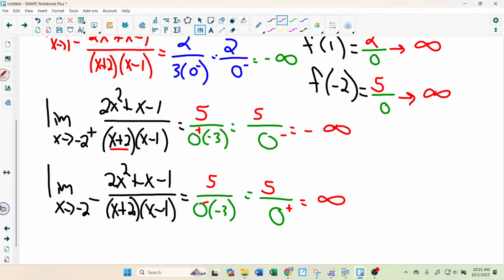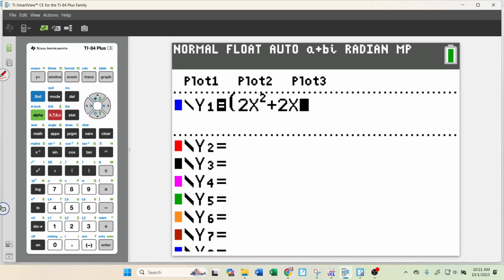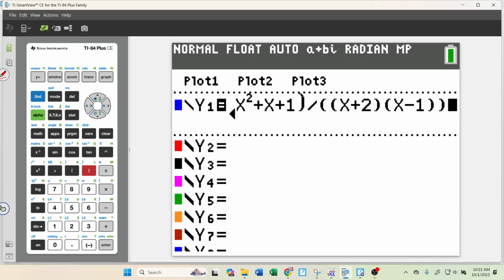So let's actually look at the graph. 2x squared, was it just x minus 1? Do I have that right? Is that what the numerator is? Yeah, no, it's minus 1.